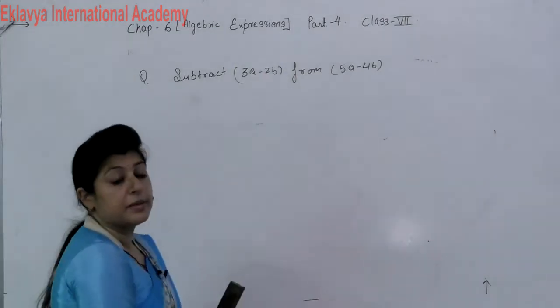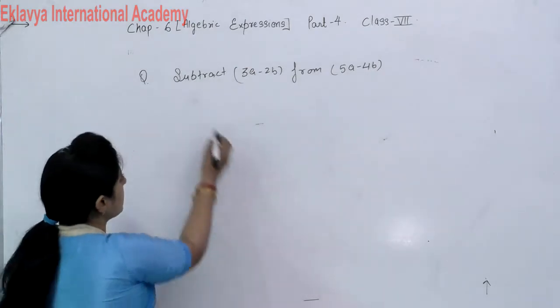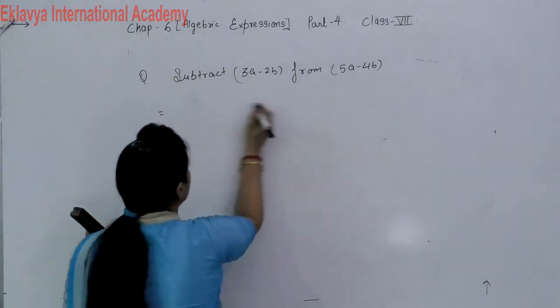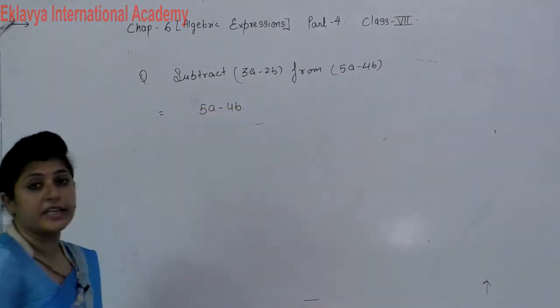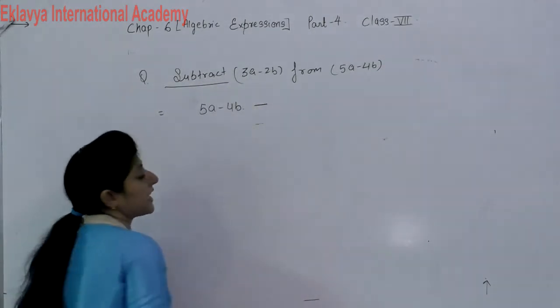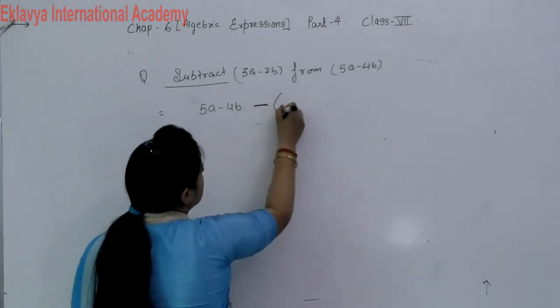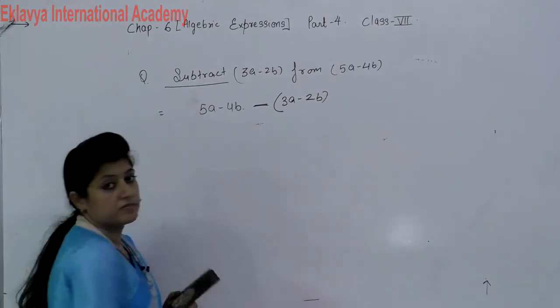You can use any method, the horizontal method or maybe the column method. Suppose I am using the horizontal method first. After "from" comes 5a minus 4b, so firstly I write down 5a minus 4b. I am doing subtraction, which means I put a negative sign here, minus, and then in the bracket I write down the next polynomial.